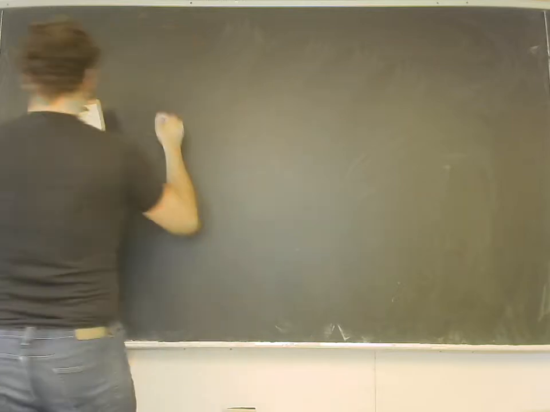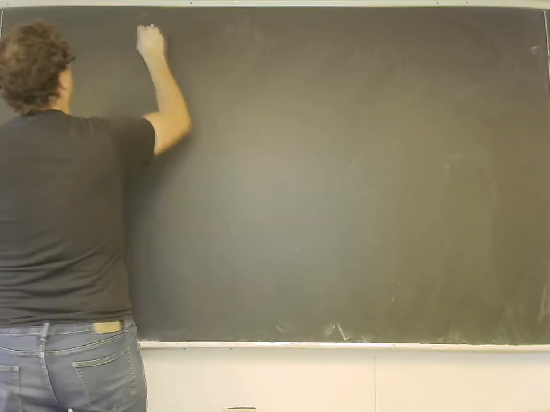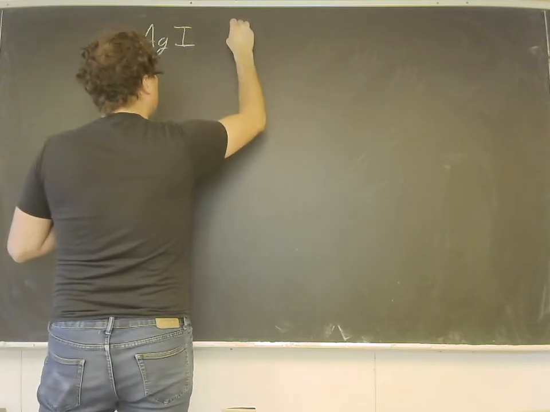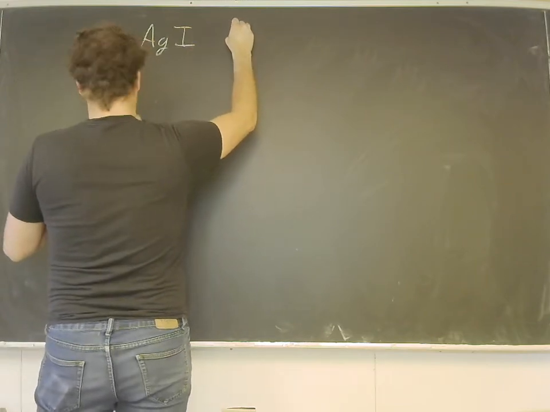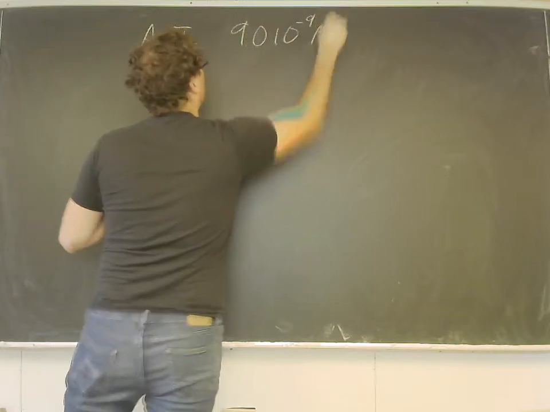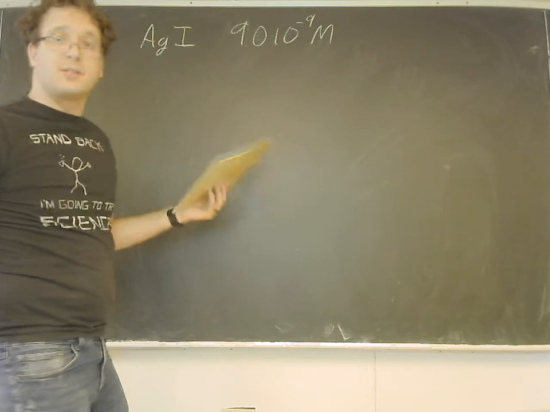Okay, so here's the question. AgI has a molar solubility of 9.0 times 10 to the negative 9th molar. Can we find the solubility product?